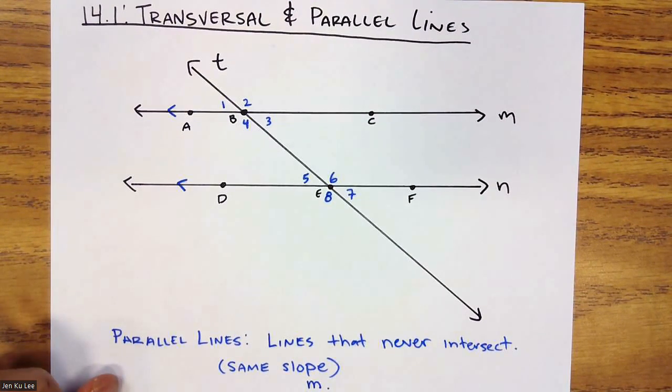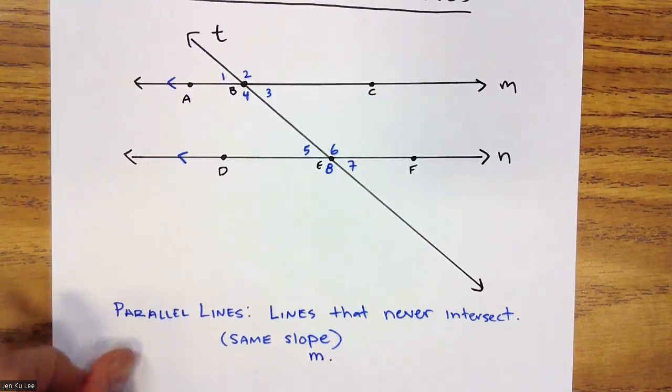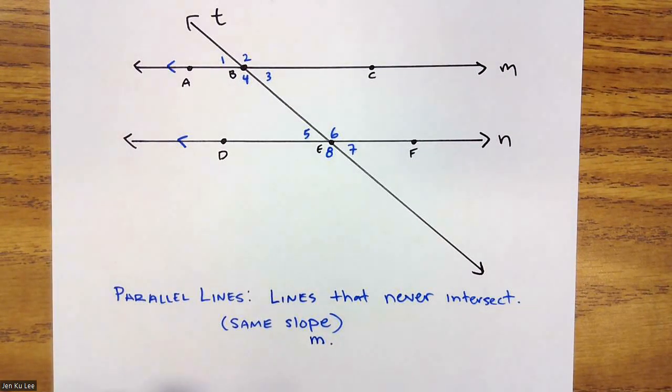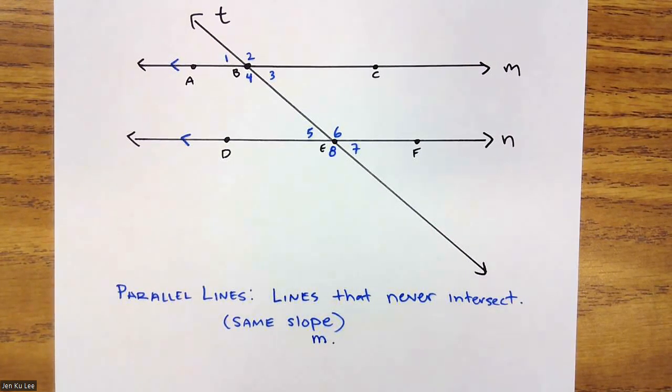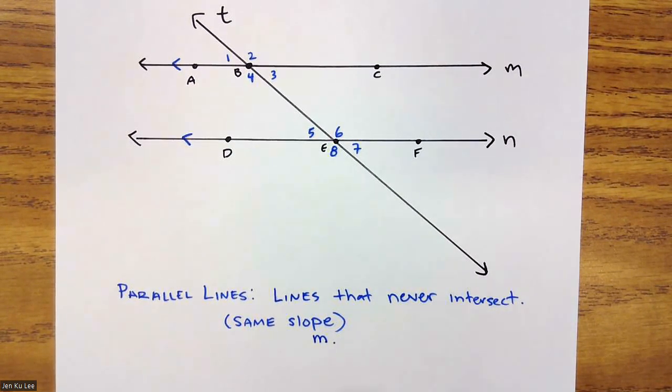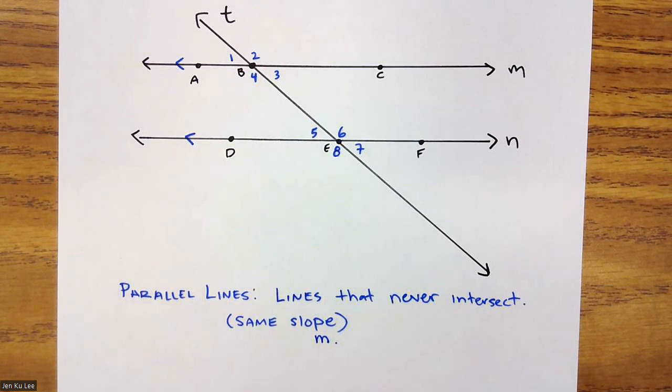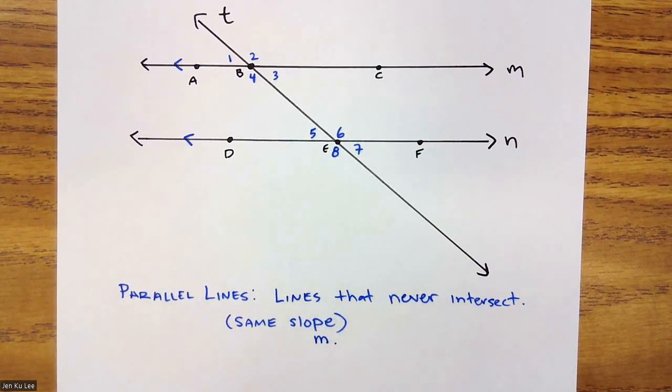And what a transversal is, a transversal is a line that intersects two or more lines.